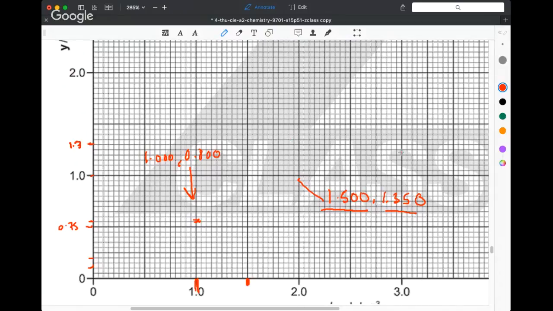I'm sorry, no, this is even more complicated. Okay, so the other value is 1.135. That's the point I'm looking at.